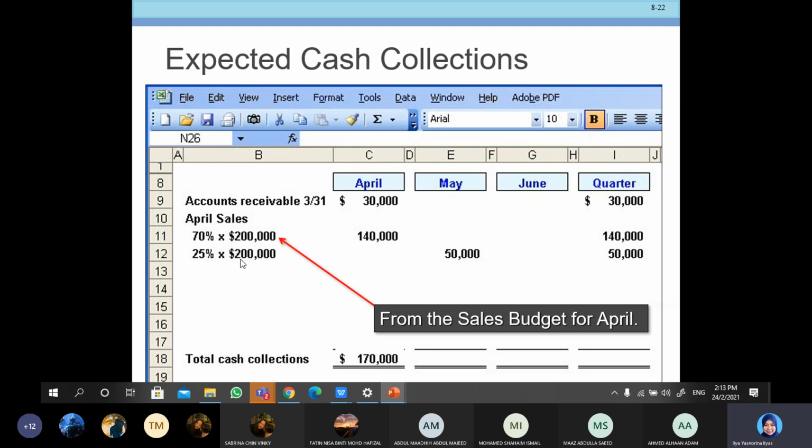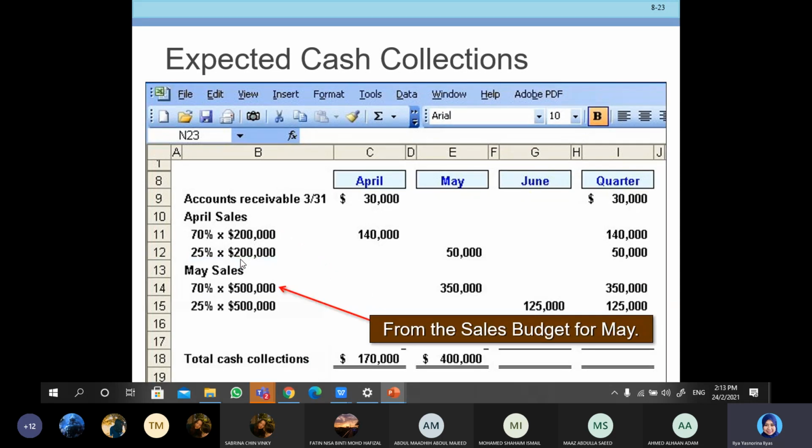How about May sales? May sales total 500,000, and where we get this number is from the sales budget. 70% of 500,000 is collected in May, which is 350,000, and 25% is collected in the following month, in June. This is done for May sales.